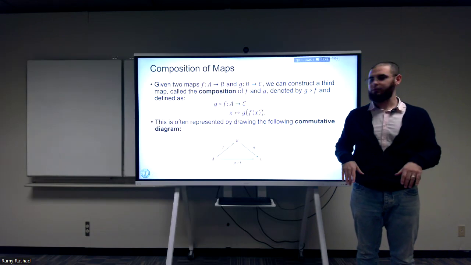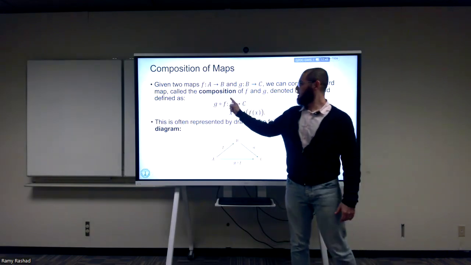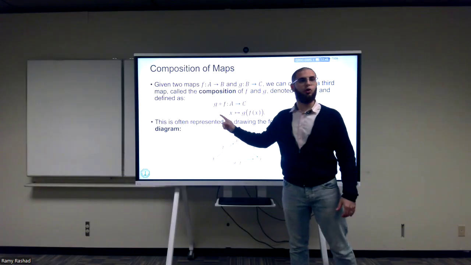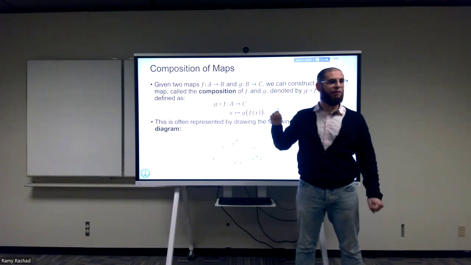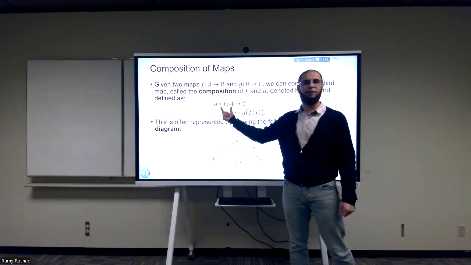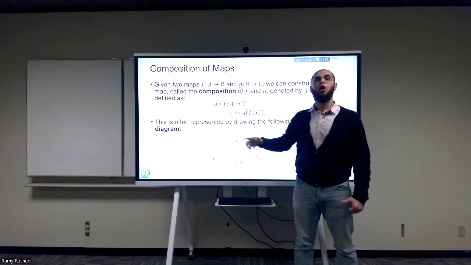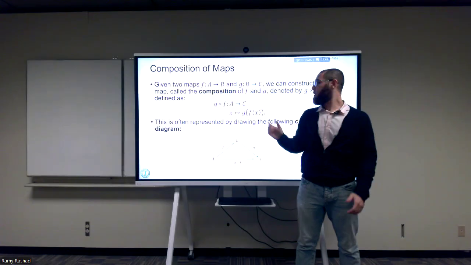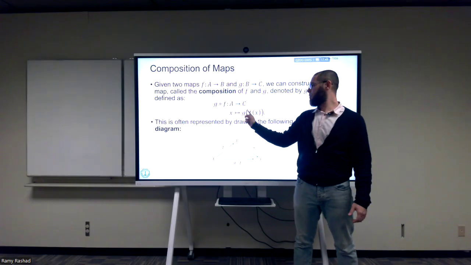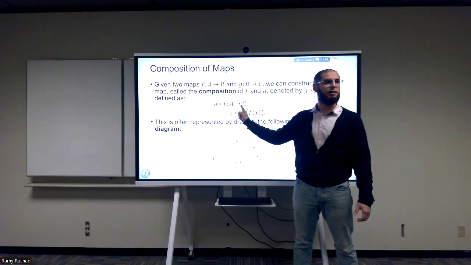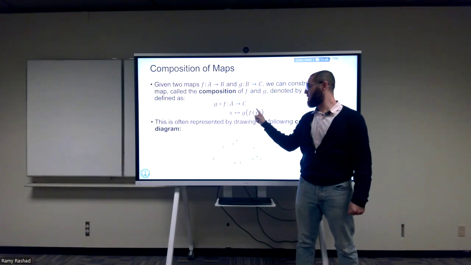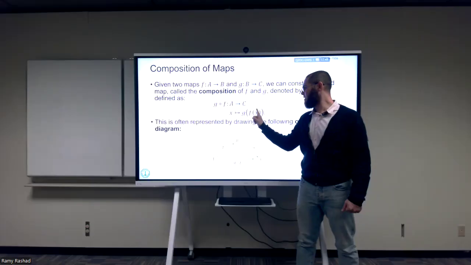Don't be shy. So G after F, or the map G circ F, is a map that eats an element in A and gives you an element in C. What is this element? It's equivalent to first applying F to X and then applying G to the result.